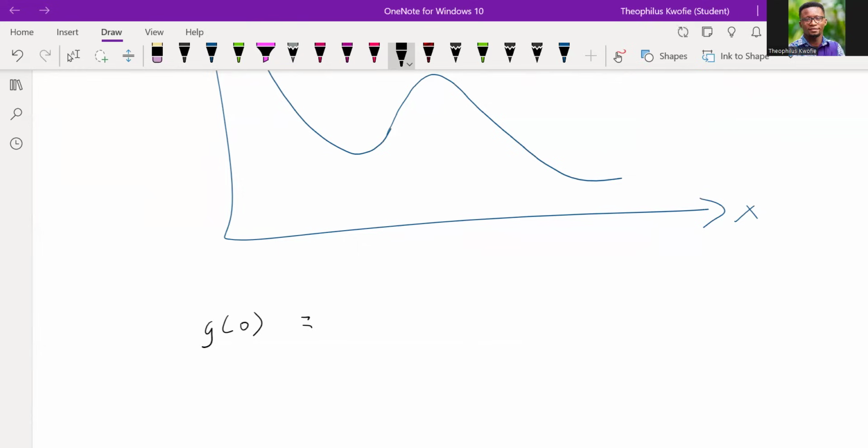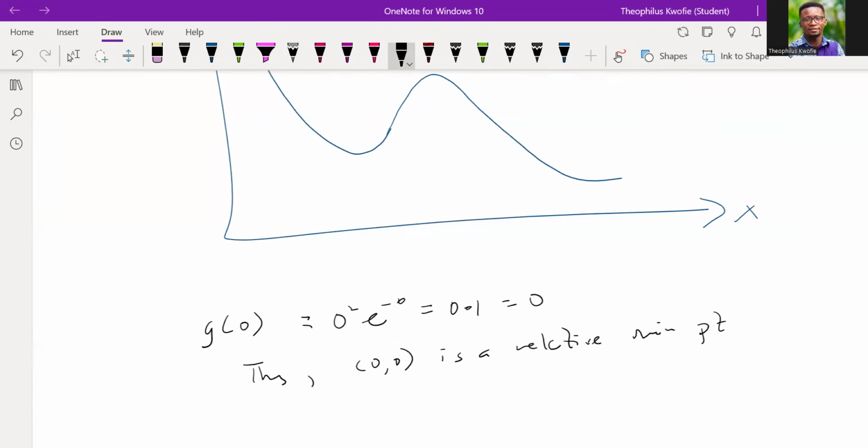So we plug those values into the main function, and that should give us 0 squared e to the power -0, which is 0, right? So 0 is a relative minimum point, okay?